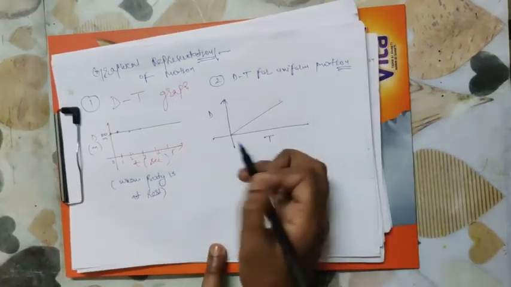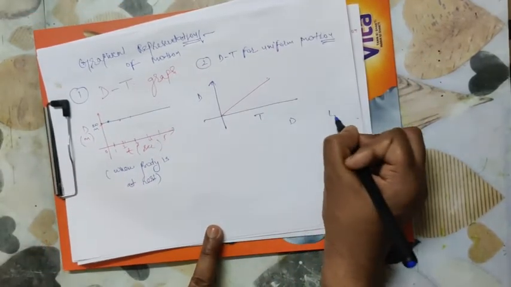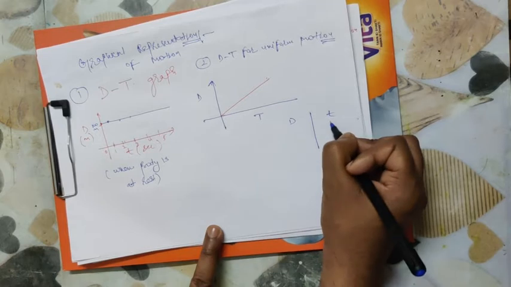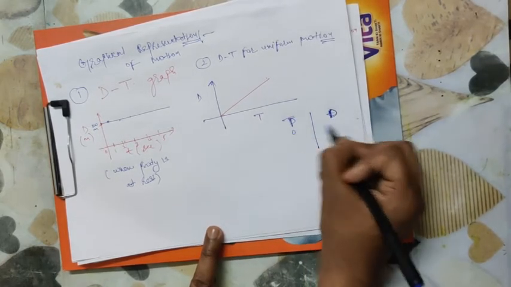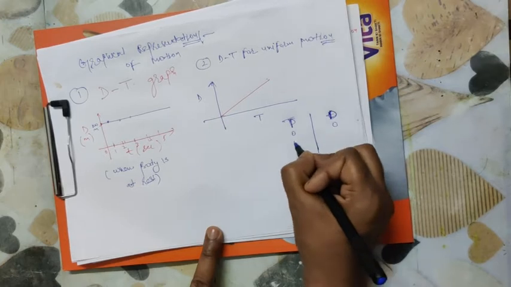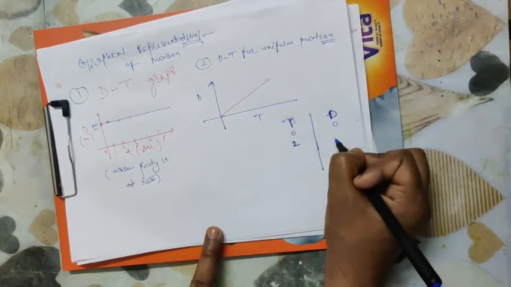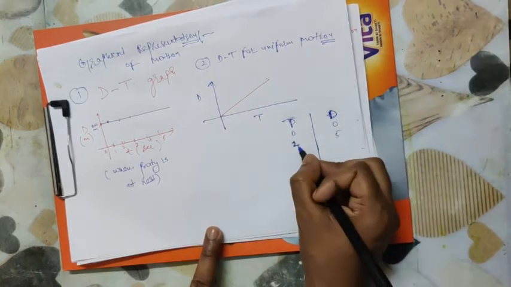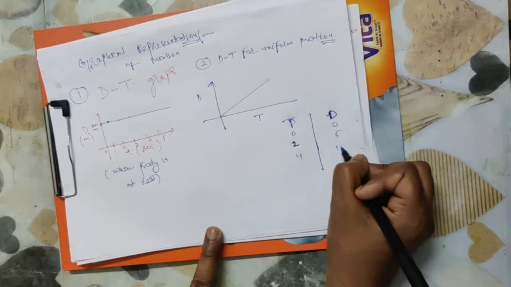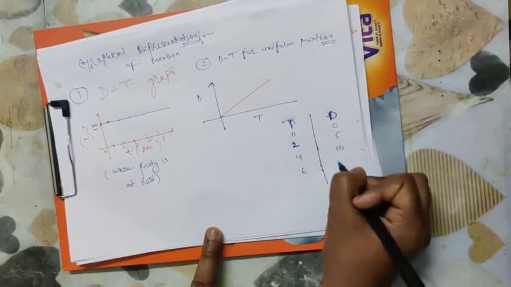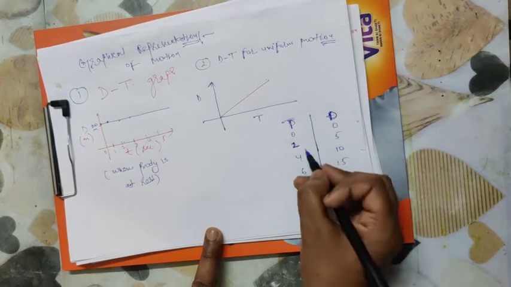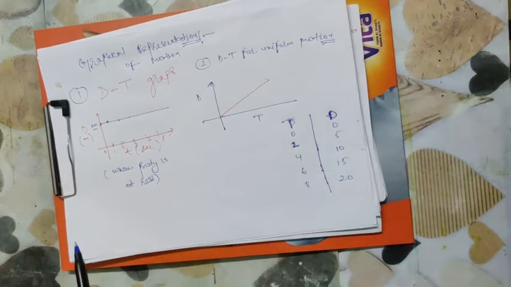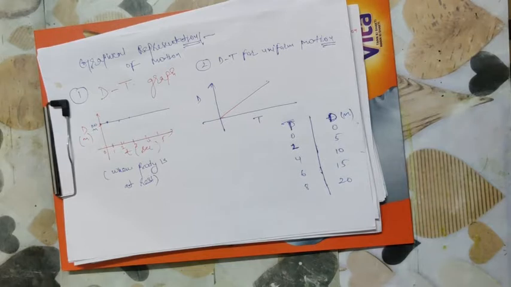Why is it like this? Because, look, at 0 second distance is 0, at 2 second distance is 5, at 4 second distance is 10, at 6 second distance is 15, at 8 second distance is 20. So you see that in every 2 seconds the distance increases by 5 meters.